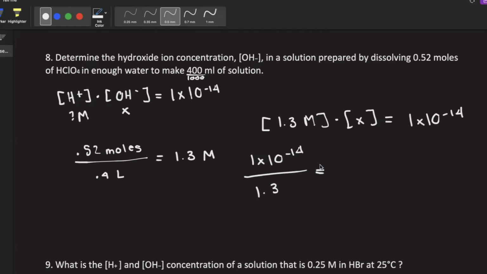And that is going to give us 7.69 times 10 to the negative 15th molar. And this is going to be equal to the hydroxide ion concentration.